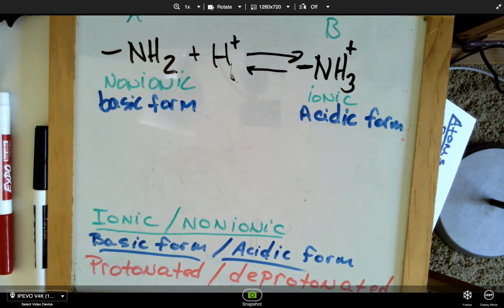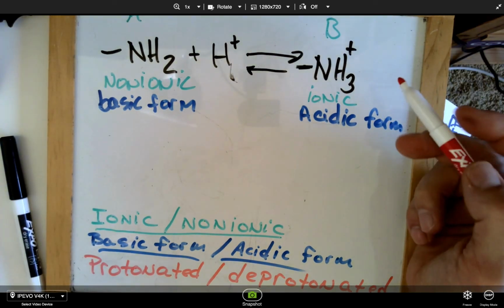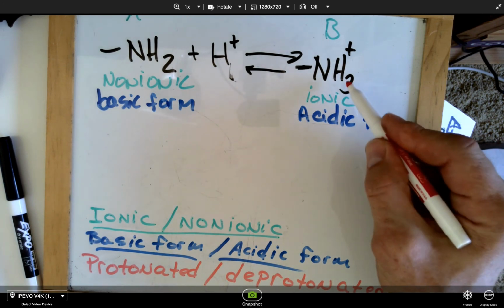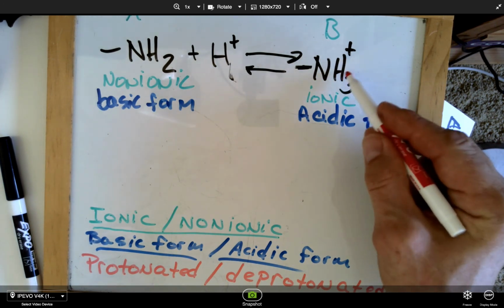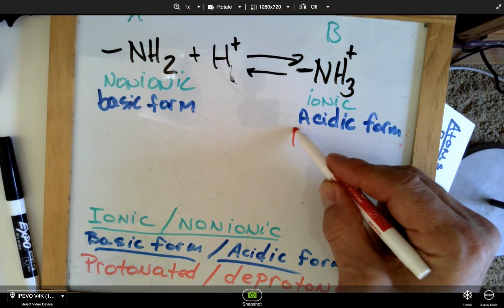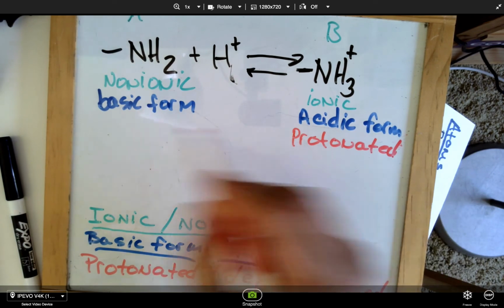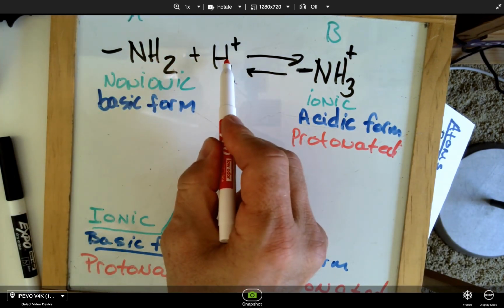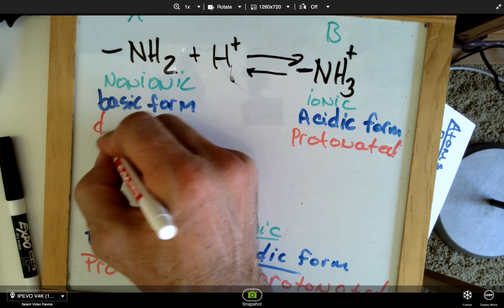And finally, protonated, deprotonated. Hopefully that's pretty obvious by now. The protonated is in regards to an amino group. It's talking about that 3rd hydrogen, not those first 2, but the 3rd one. So here we've got 3 hydrogens, so this is protonated. And this only has 2, and there's that 3rd, it came off, so this is the deprotonated state.